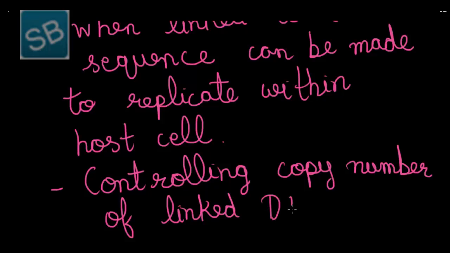Therefore, in order to initiate the replication process of foreign DNA using a vector, the specific origin of replication sequence is very essential and one of the most important parts for initiation. Following it comes the second feature, the selectable marker.